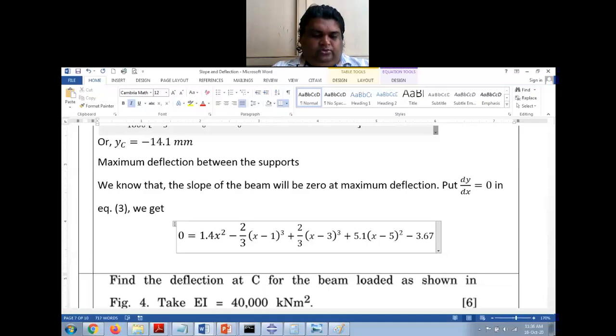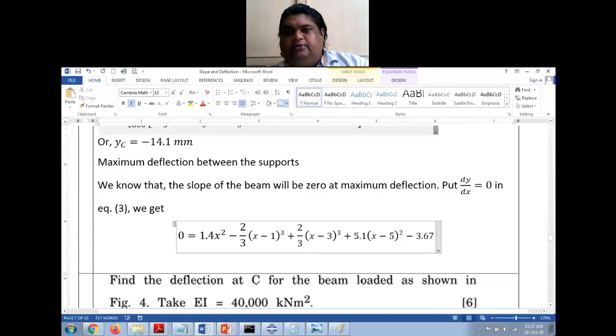So it is 0 equal to, you also can try now, 1.4 a square minus 2 into a minus 1 cube. Okay, there is one more thing.